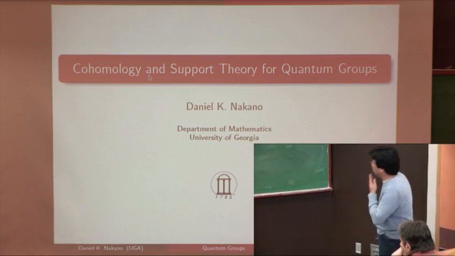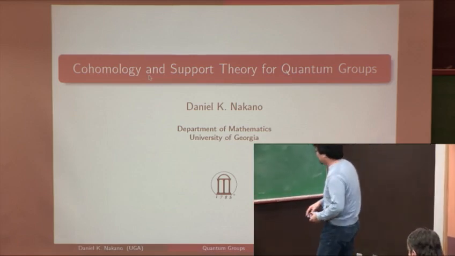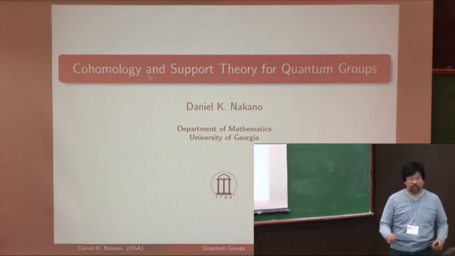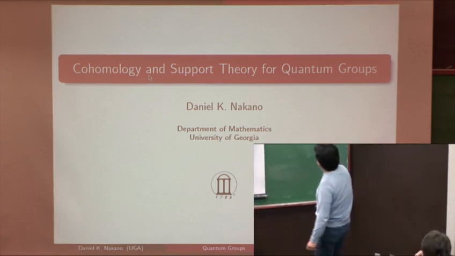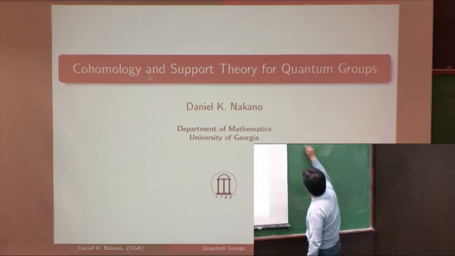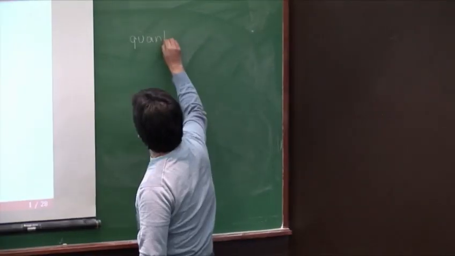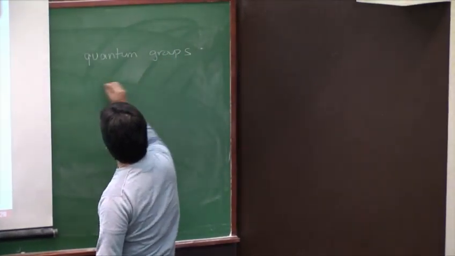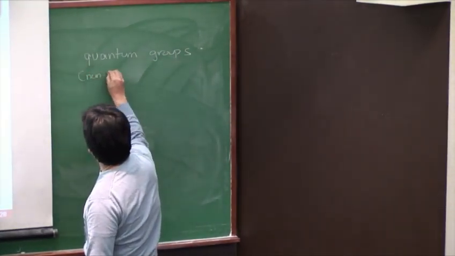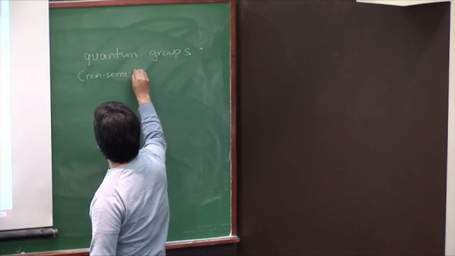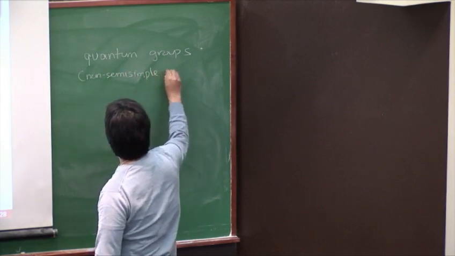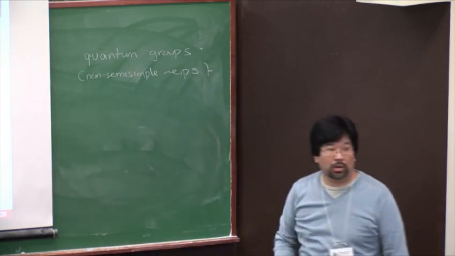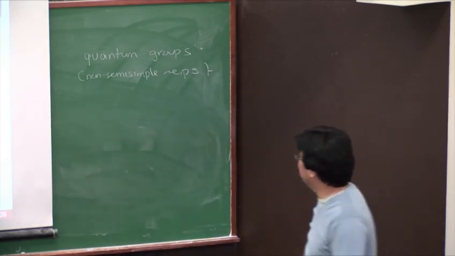Okay, so this talk is going to be somewhat of a survey, but also present some results. One of the main themes is the interplay between the world of quantum groups, where there are non-semi-simple representations, and the world of complex algebraic geometry.